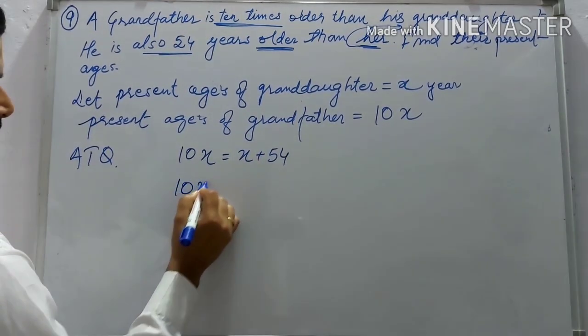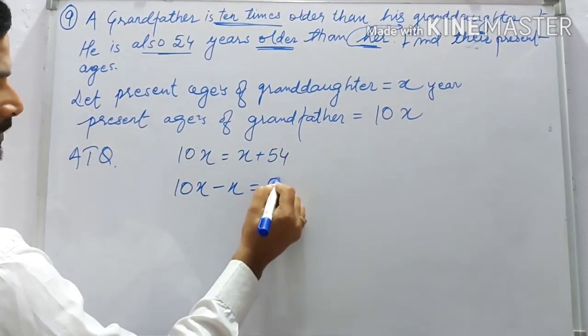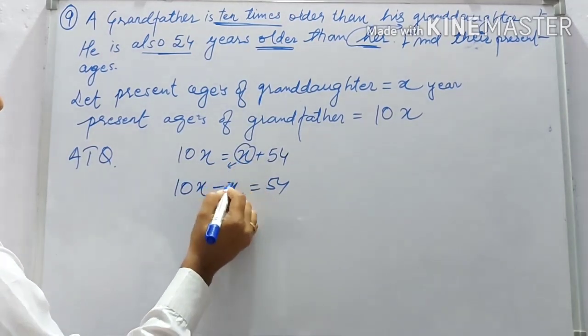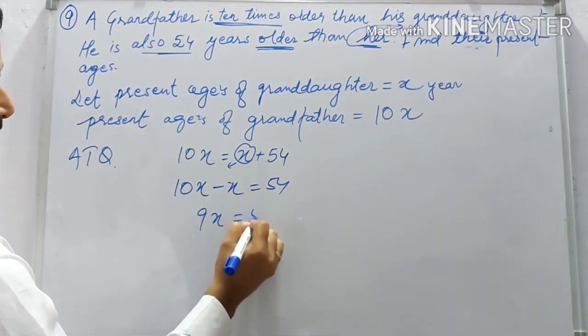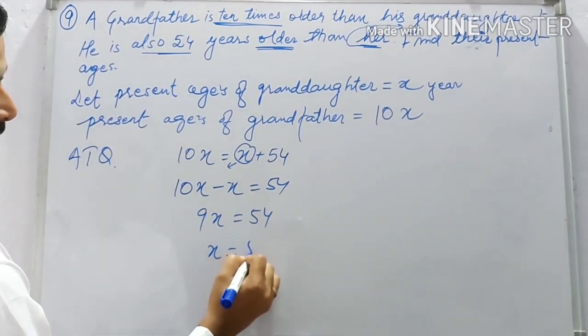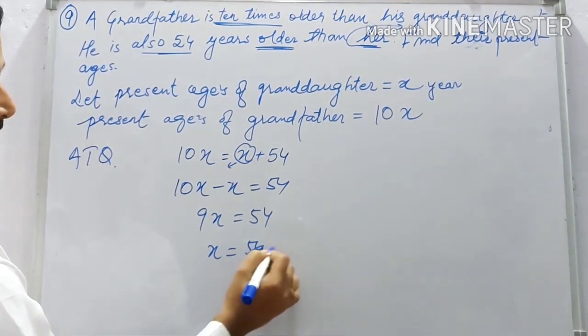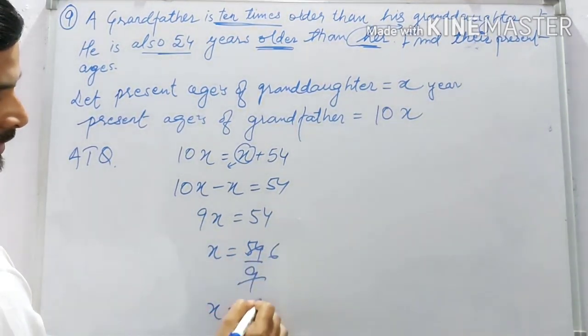Now 10x minus x is equal to 54. First transferring, 9x is equal to 54, x is equal to 54 upon 9, which is 6. So x is equal to 6 years.